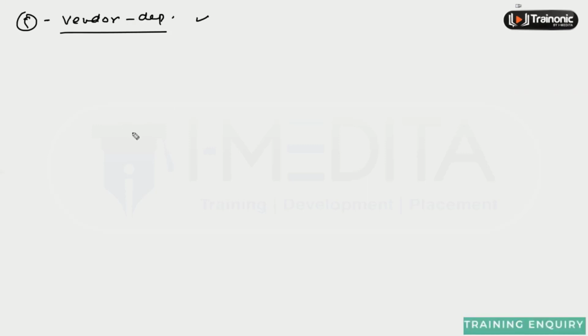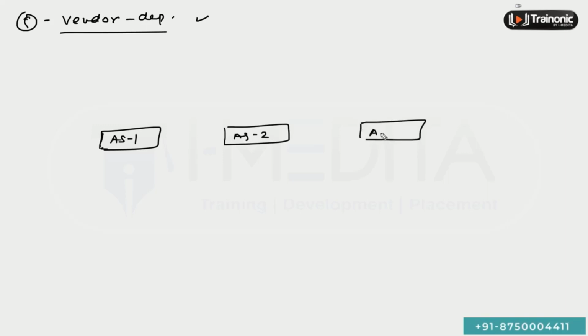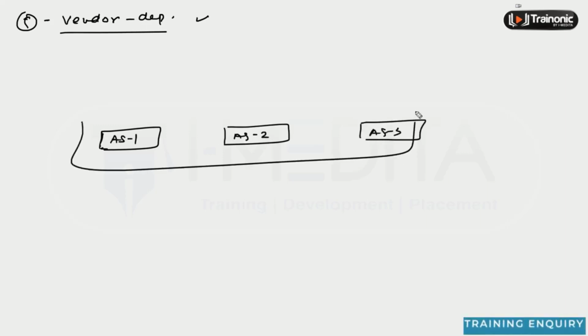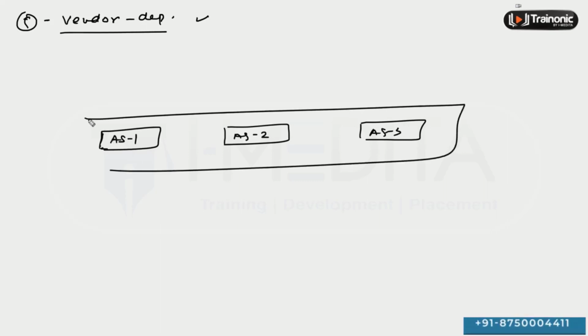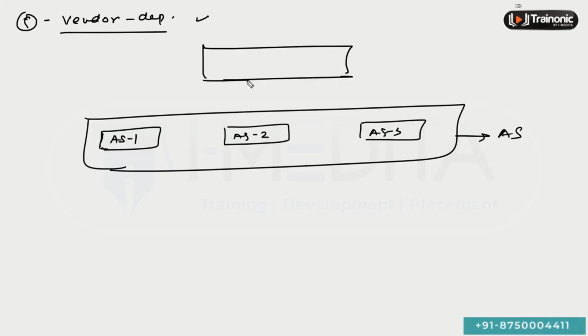What if in our access layer we have Cisco switches, and I don't want to have the same Cisco switches on my distribution layer or at my core layer?